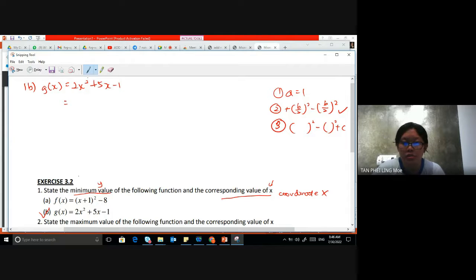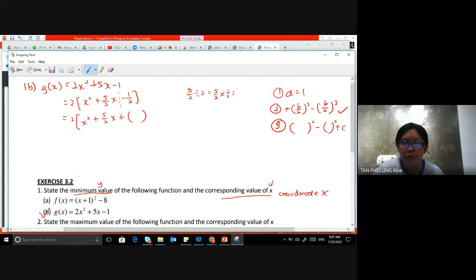Okay, so let's do this. First thing, we factorize out the 2 so that I have x squared plus 5 over 2 x minus 1 over 2. Then we move on. Remember here, this is where we copy back first, and then we add in our plus b over 2. So where's my b? My b is 5 over 2. Divided by 2 become 5 over 2 times half.